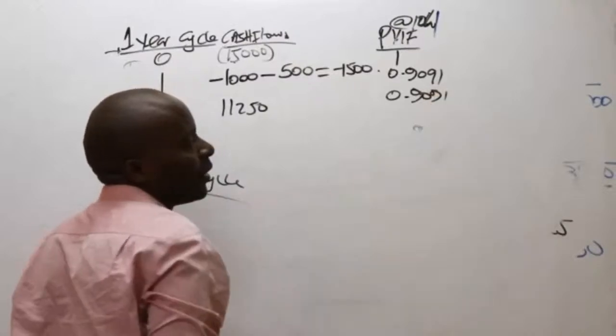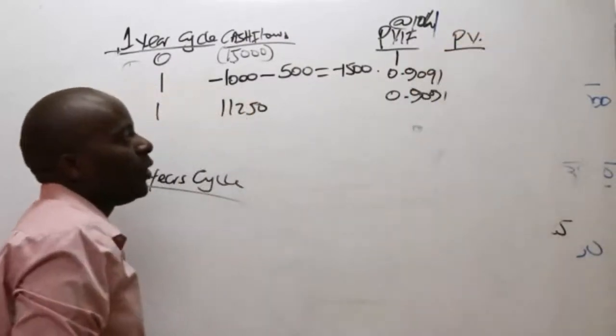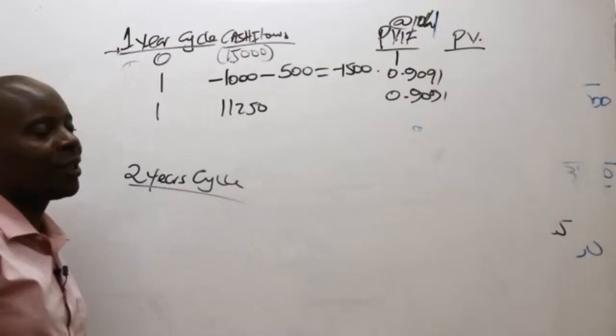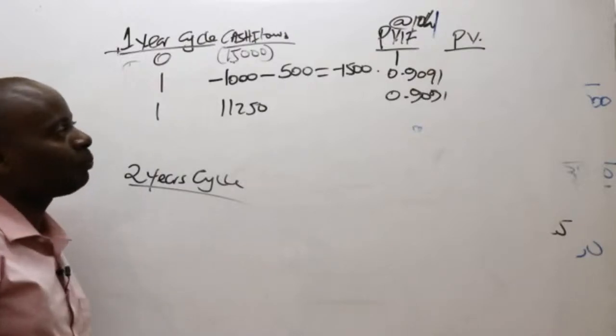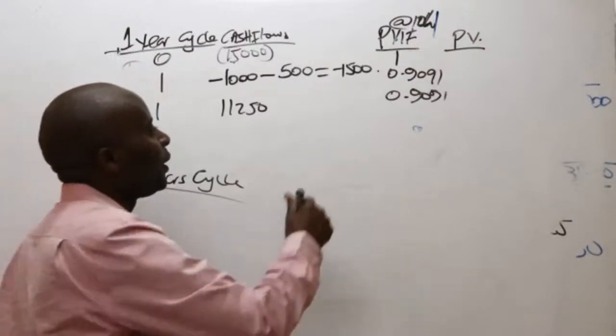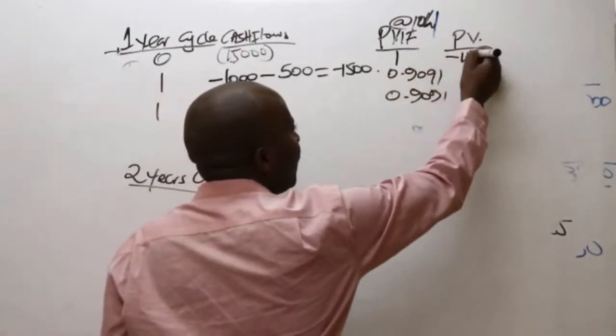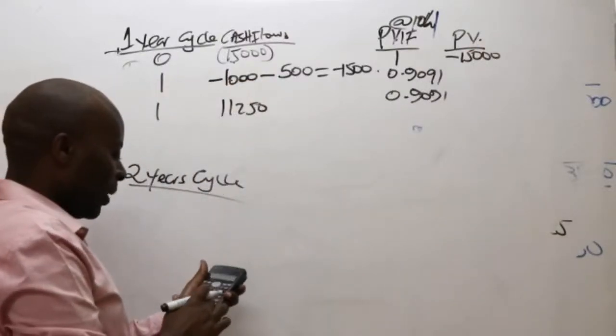So create a column of present value and do the multiplications. The first one will give us minus 15,000. The second one, we have minus 1,500.